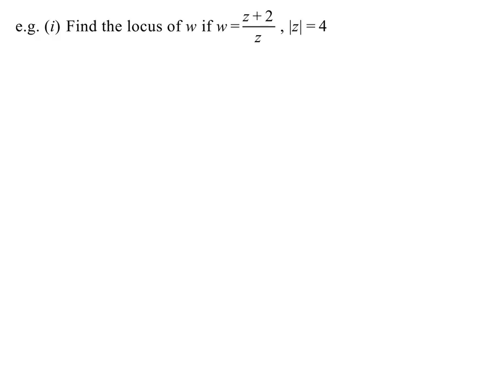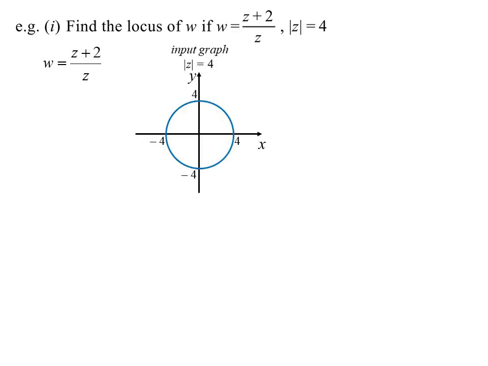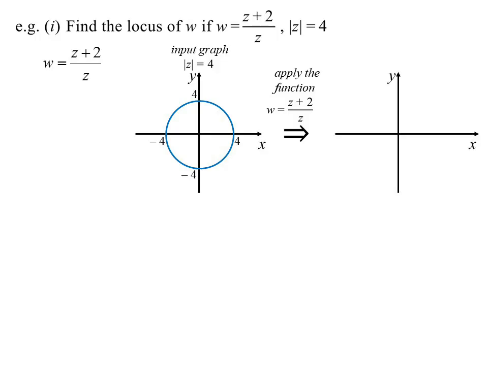The condition is, I'm only going to substitute in complex numbers that have a modulus of 4. What would the answer be? So they've told me, here's the function: w is equal to z plus 2 on z. I'm going to input every number that's lying on this circle, because we know modulus z equals 4 would be a circle.